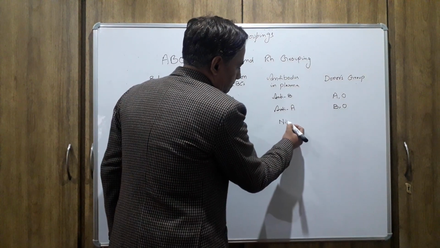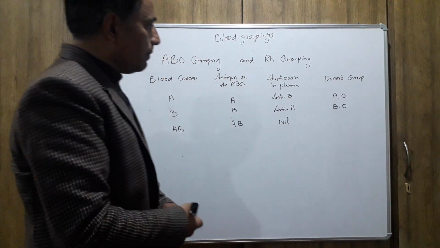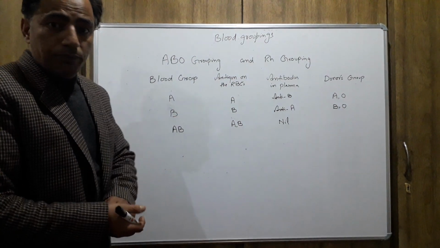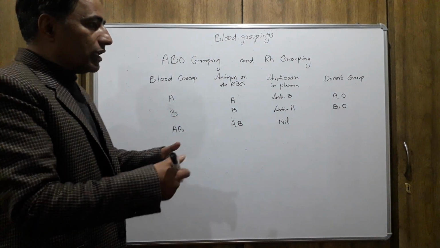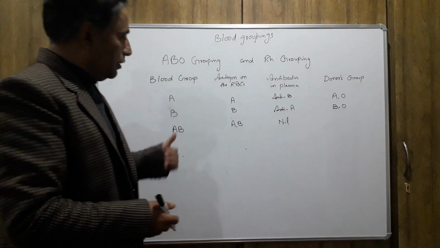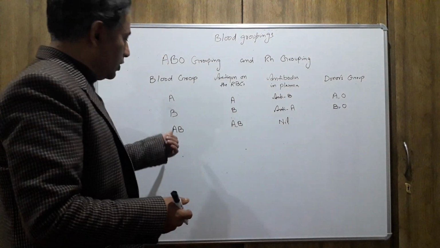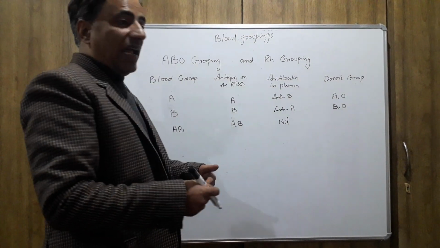Antibody is nil. Okay? If such a person needs blood, whose blood should be given to such an individual?